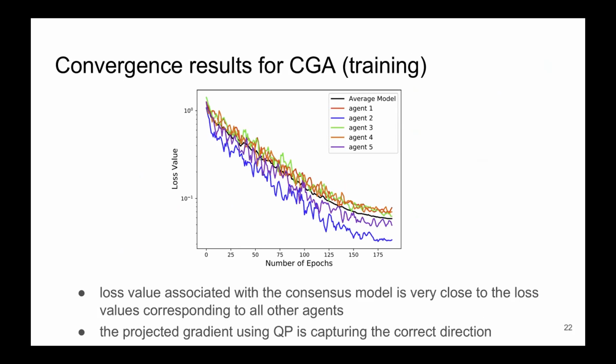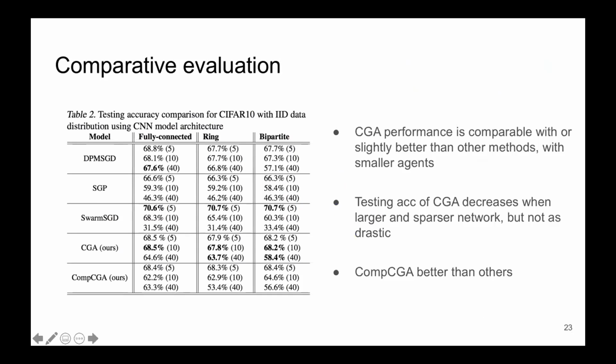Here, this is the testing accuracy. They show three graphs with different numbers of agents, 5, 10, 40. The bold one is the best.